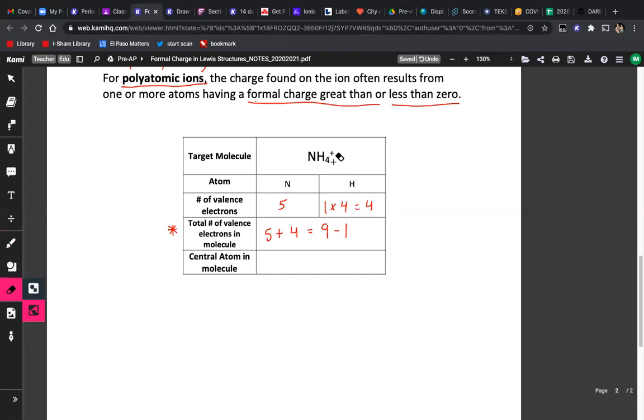Anytime you have a charge, if it's positive, you're going to subtract electrons from the total number. If it's negative, you are going to add electrons to the total number. In this case, we have a positive charge of 1, so we have 1 less electron. So really, we have a total of 8 valence electrons. Please be aware of that.